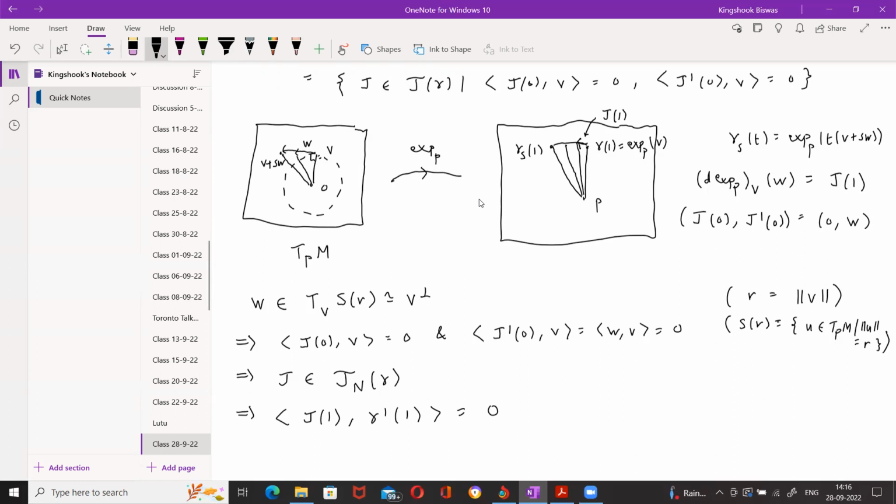Yes. What does this mean? This means that J(1), which is the image of W under the derivative of the exponential at the point V, is perpendicular to gamma prime 1.